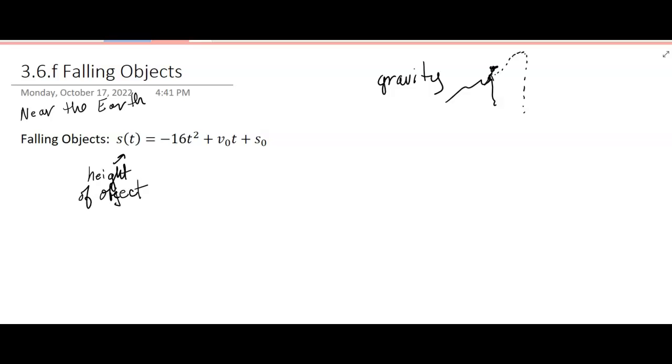Okay, and T represents time. How many seconds? So you're standing on the cliff, you throw the rock up, you count 1001, 1002, and then this function will tell you after 2 seconds how high off the ground that rock is. Okay, so we're talking about the height.